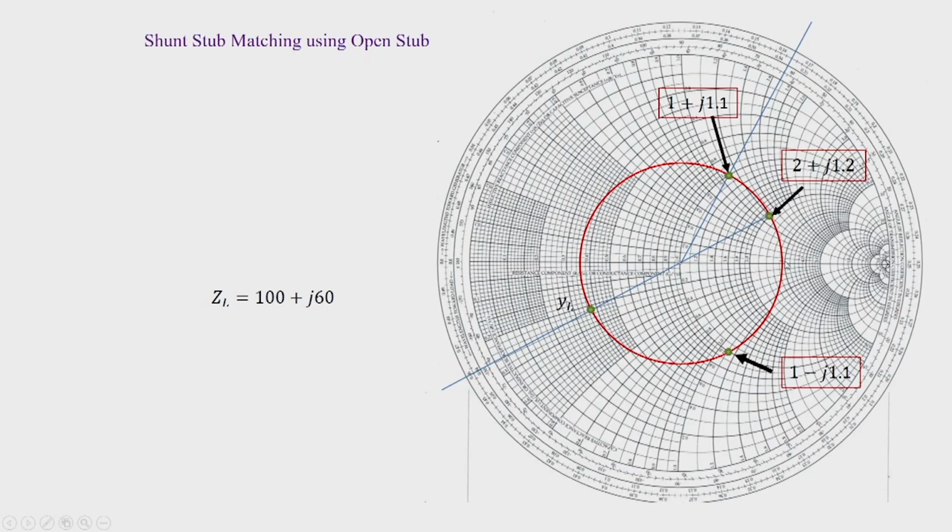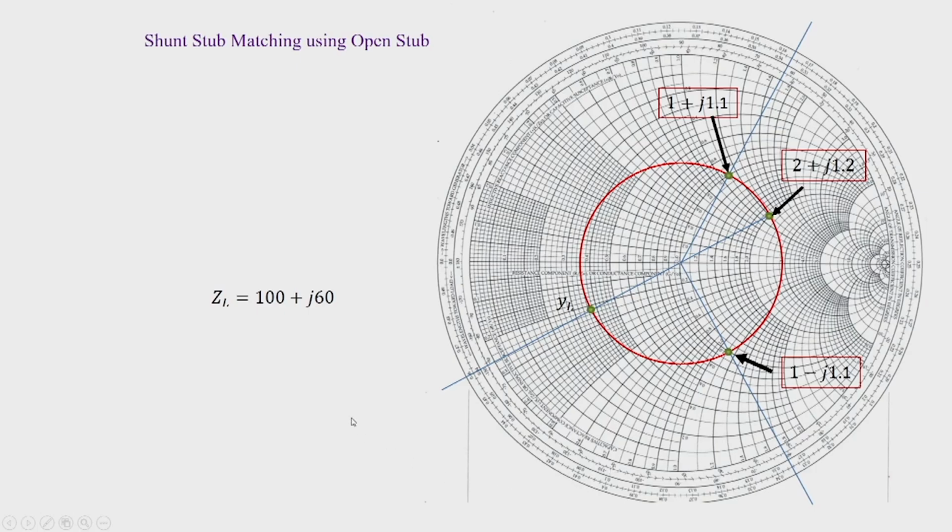Similarly, if we continue over the VSWR circle, we intersect 1 plus JB circle for the second time at this point, and we find that here the value is 1 minus J 1.1. We draw another line through this point from the center of the Smith chart.